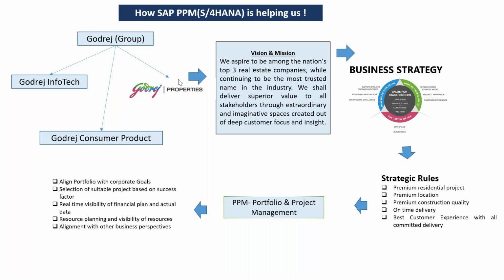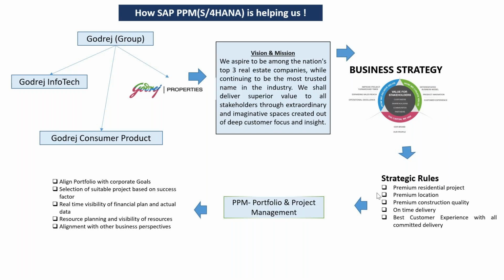So this company has some vision and mission of the organization, and whatever vision and mission they have defined at organization level, to achieve that they are following some business strategies. Okay, and to achieve this vision and mission, they are following some strategic rules. So all these are connected. Here vision and mission is connected with business strategies and strategic rules which they are following.